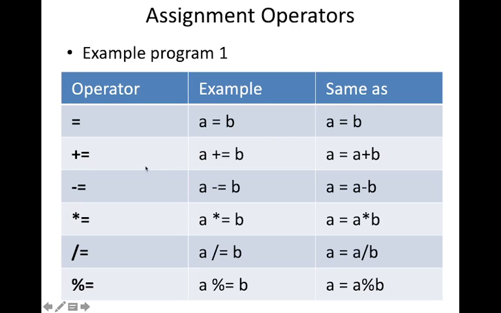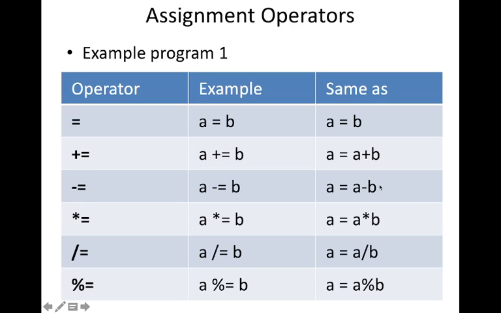Then we have the plus equal to operator, which is also an assignment operator. If we say a plus equal to b, it is equivalent to a equal to a plus b. That is, a and b will be added, and that value will be assigned to a. Similarly, we have minus equal to. a minus equal to b is the same as a equal to a minus b.